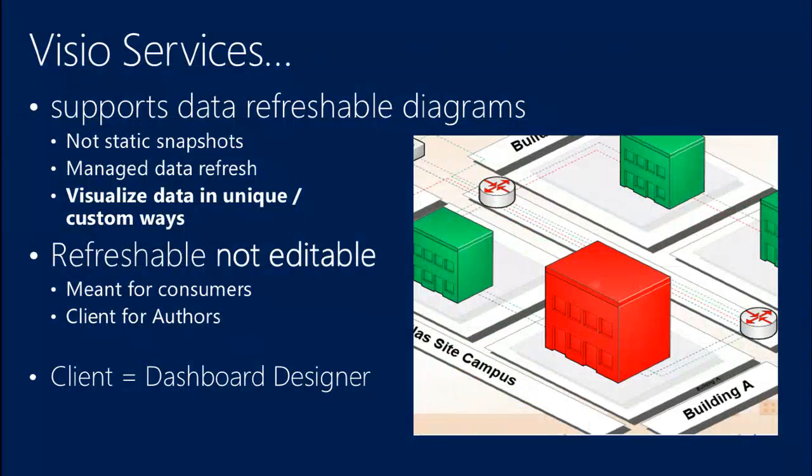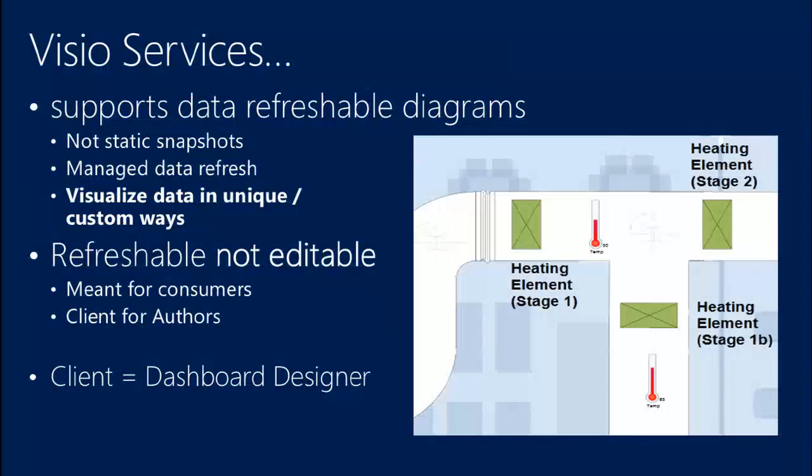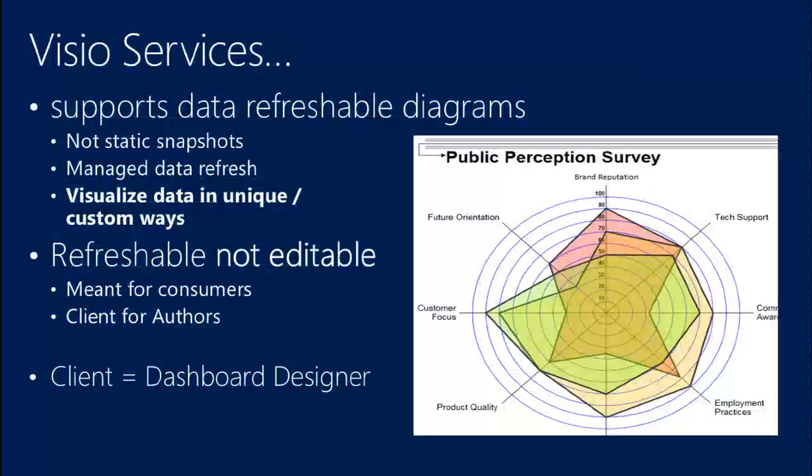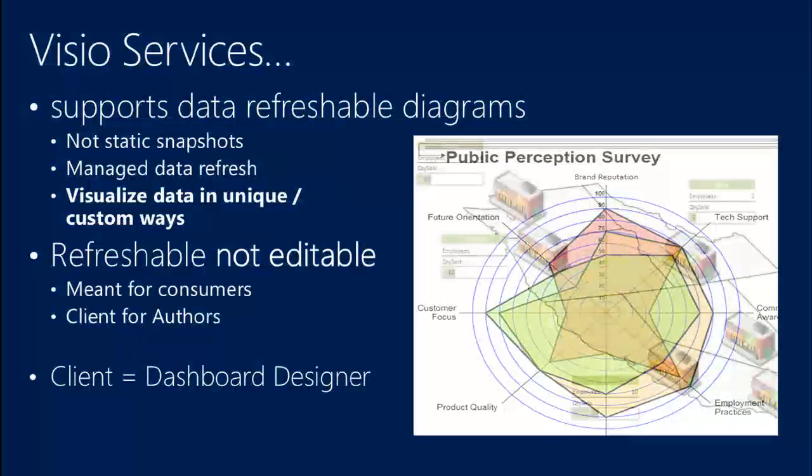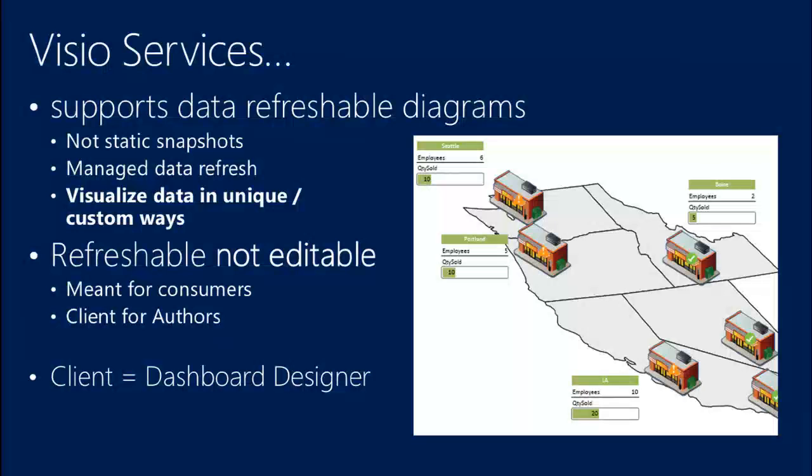The second piece is the data refresh piece. So when we go to render a diagram, one of the first things that we do is we check out the diagram to see what kind of data connections are stored in that diagram, and if we can contact them, etc. We go out and run the queries, pull the data back, see if there's any changes that we need to make to the shapes.